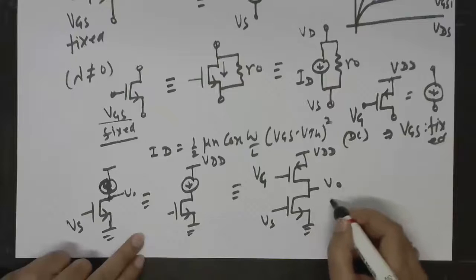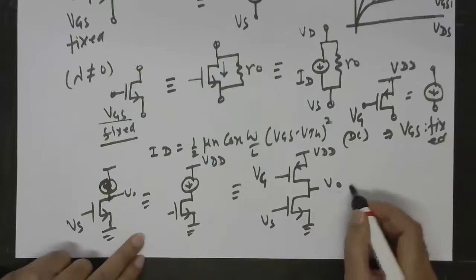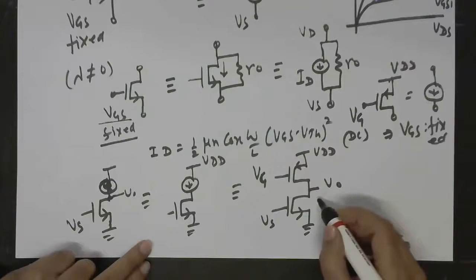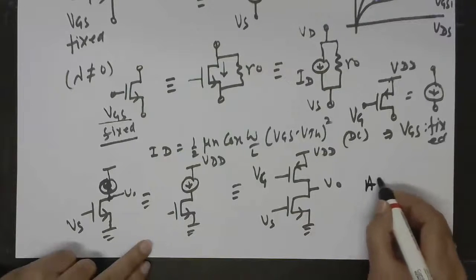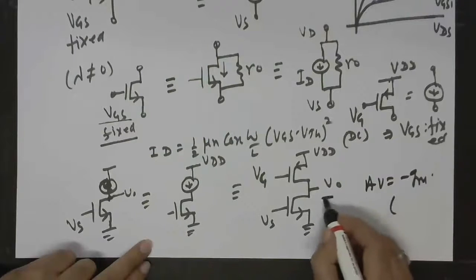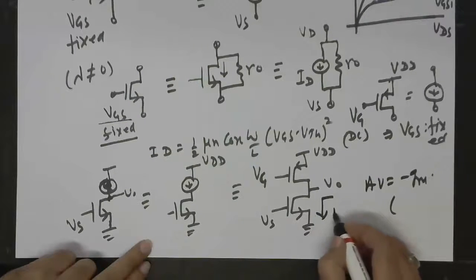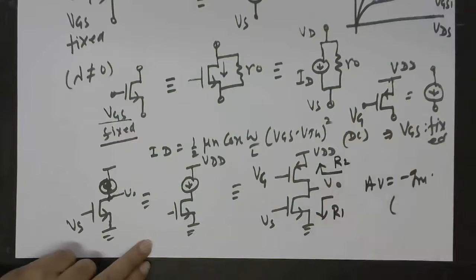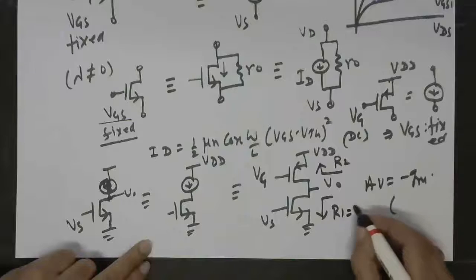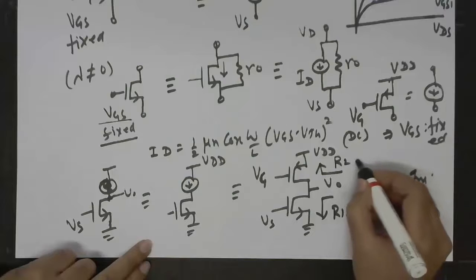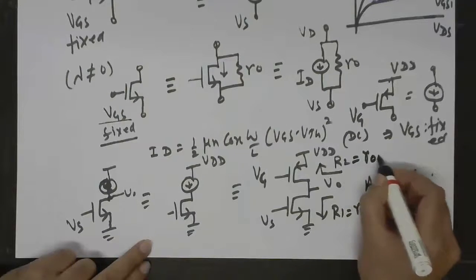So in this case, the gain, if you try to work out using small signal model, will turn out to be AV is equal to minus GM into this resistor in parallel with this resistor. This R0, say N, because this is NMOS, and this is going to be equal to R0P.